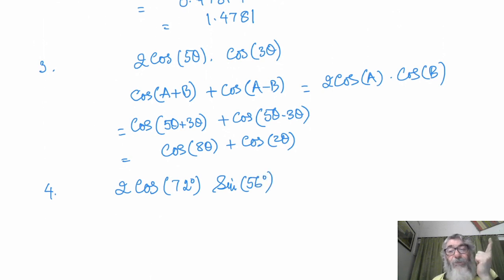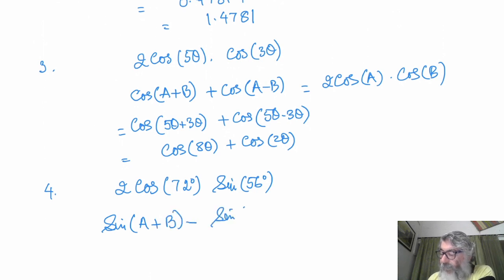So that means it has to be sine A plus B plus sine A minus B, or sine A plus B minus sine A minus B. In case of plus, it was 2 sine A cos B. It has to be minus in between. Sine A plus B minus sine A minus B is equal to 2 cos A sine B.